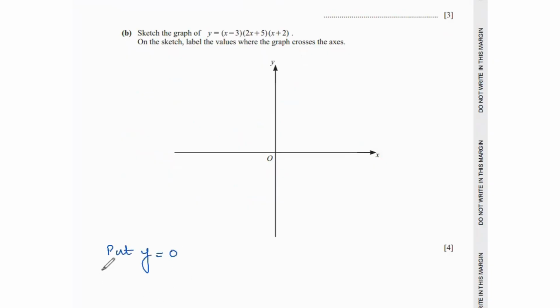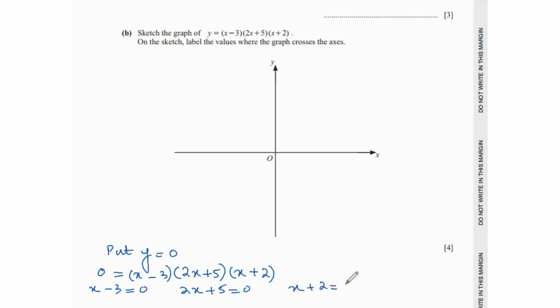So that's going to give us 0 equals x minus 3 times 2x plus 5 times x plus 2. We can put all of these brackets separately equal to 0, and that can give us the x-intercepts. So x is 3, x is negative 5 over 2, and x is negative 2.